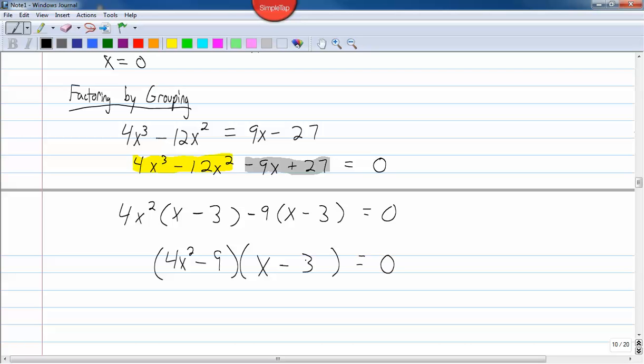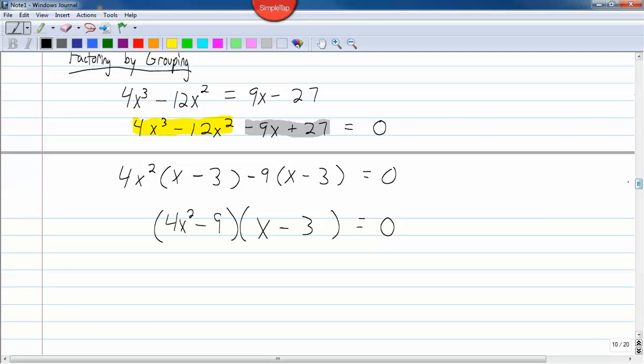Alright, so now that I have this thing factored, to solve it, you set each factor equal to 0. So 4x squared minus 9 equals 0, and x minus 3 equals 0. So solve this first equation here.